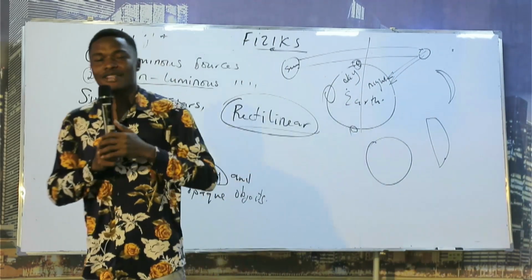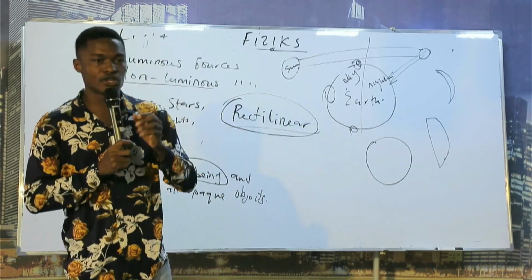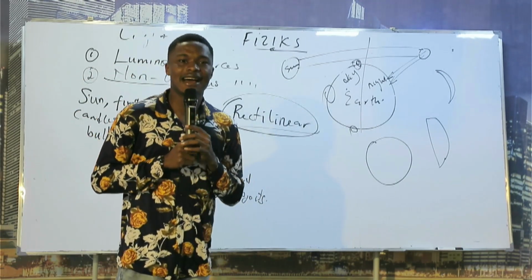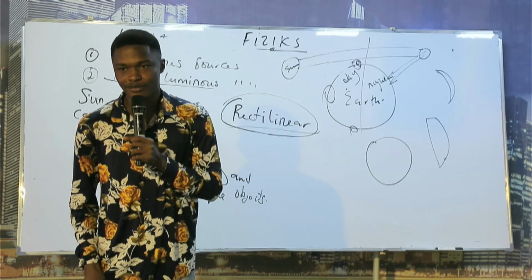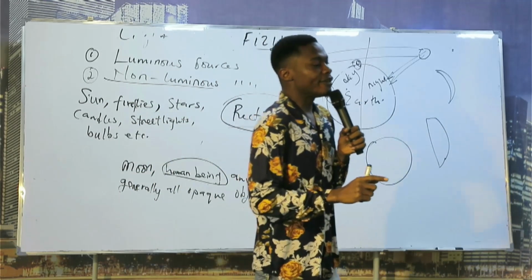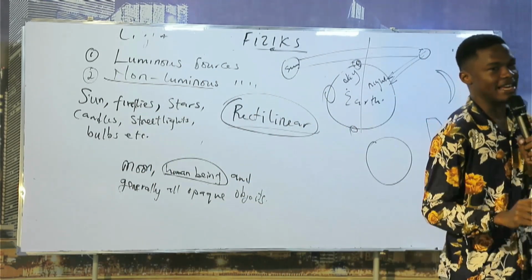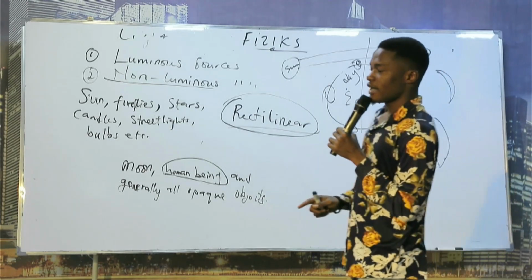Now, one thing about science is this. One of the mottos of science is that we cannot believe unless we see. If you tell us something in science, you must give us proof and evidence to show that this is what it looks like. It is totally different from religion.